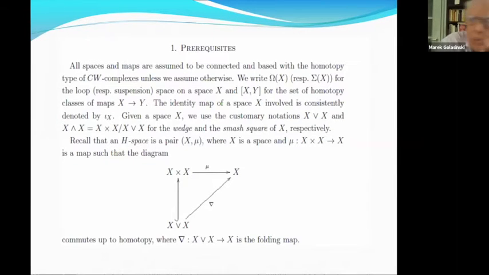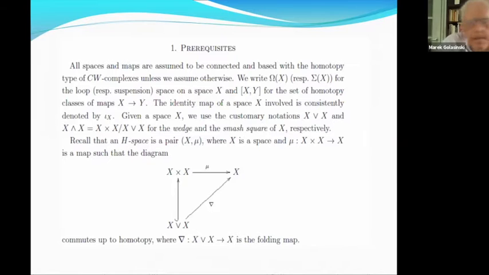The smash product is the quotient of the Cartesian square of X by the wedge, and it is called the smash product.